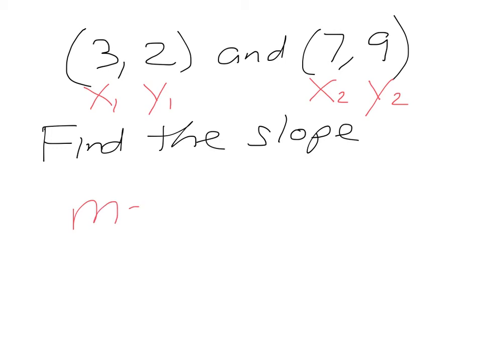So the slope, in the formula I'm going to write down again, is y sub 2 minus y sub 1 over x sub 2 minus x sub 1.